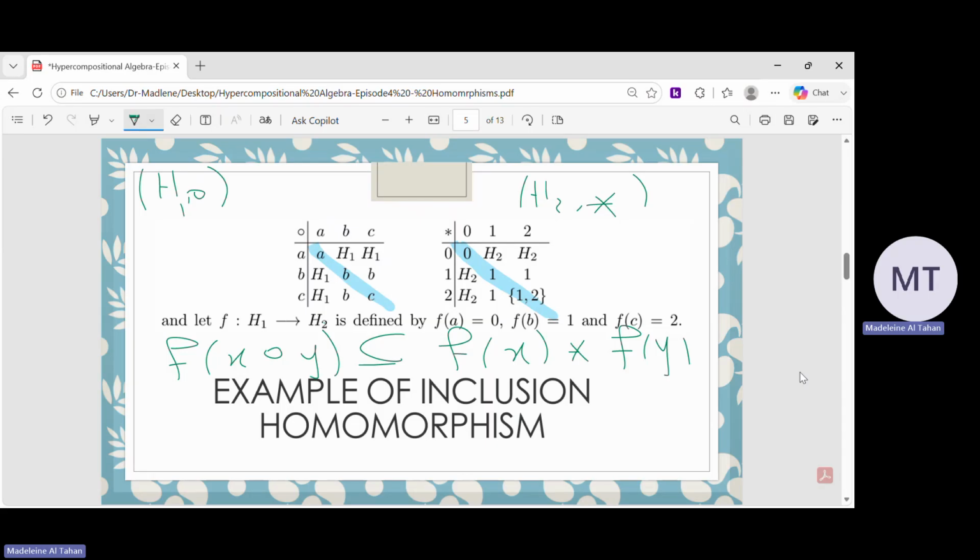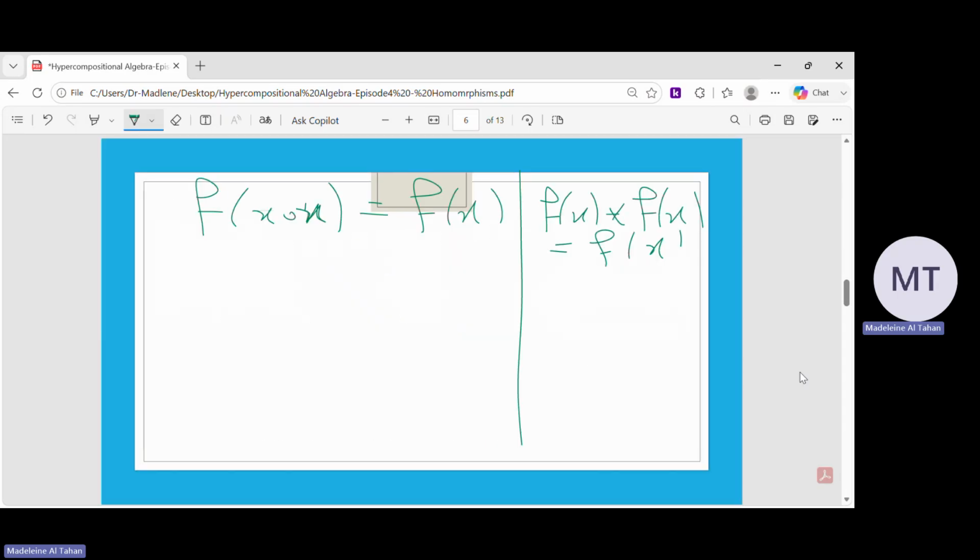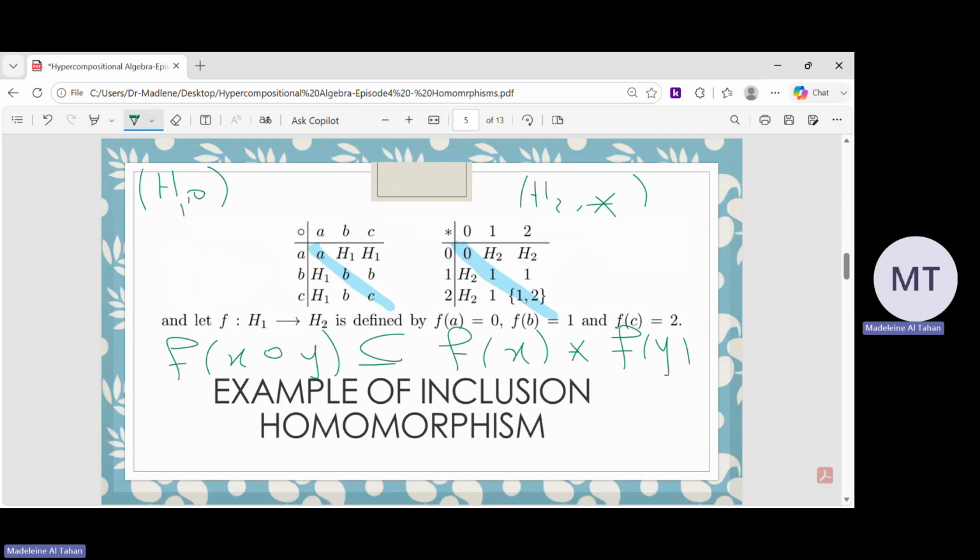It means there is no need to consider A with B and B with A because we have this commutativity. So we have only the cases f of A with B, A with C, and B with C. Again, we did not consider B with A, C with A, or C with B because we have the symmetry in the two tables.